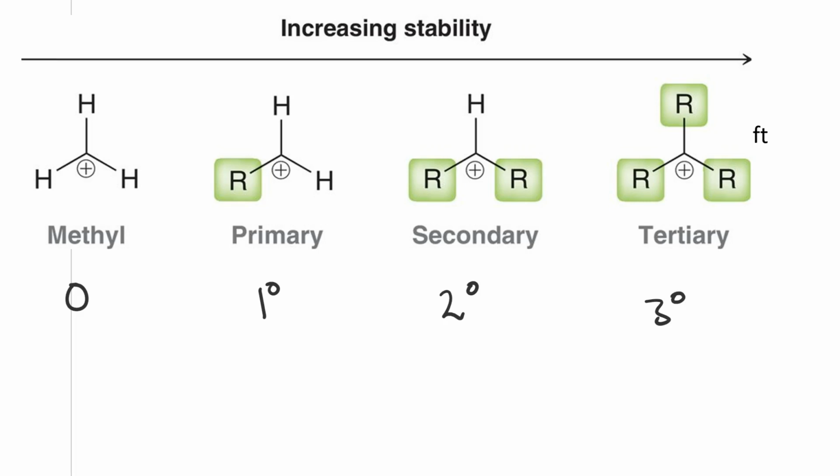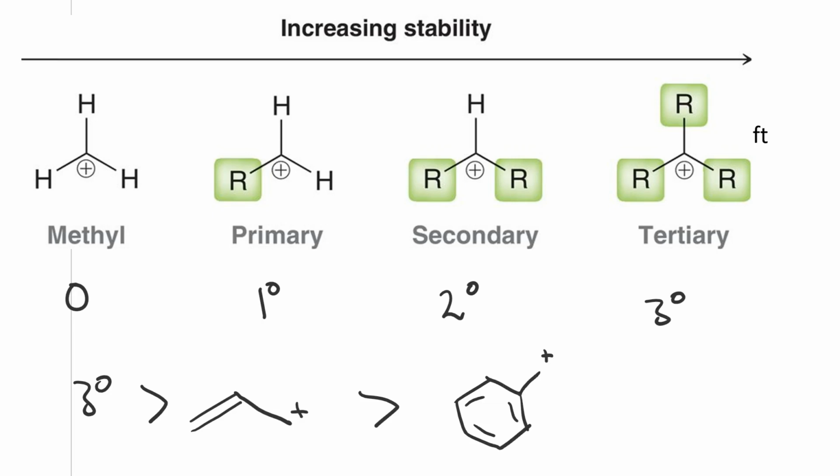It should be noted that resonance also stabilizes carbocations. So, an allylic cation is more stable than a tertiary, and a benzylic cation, which has 4 different resonance structures, is more stable than an allylic.